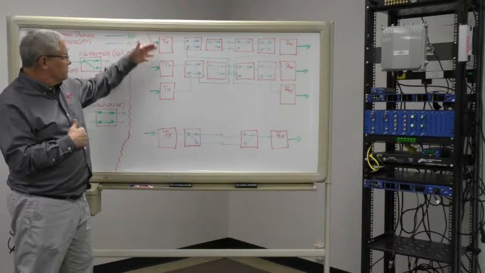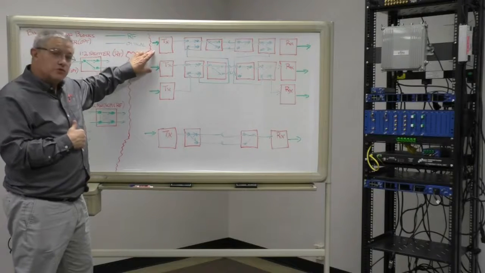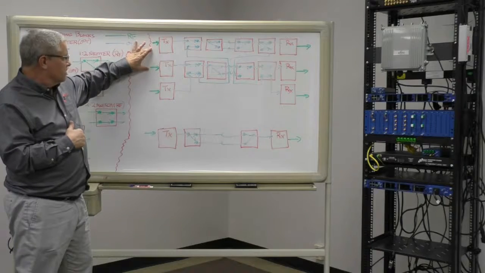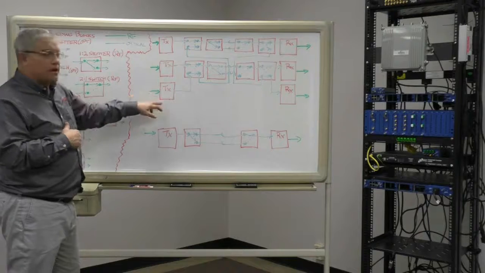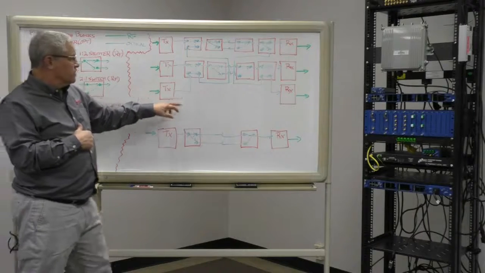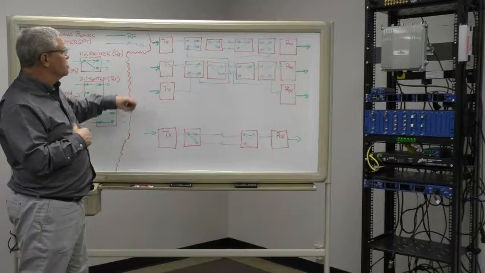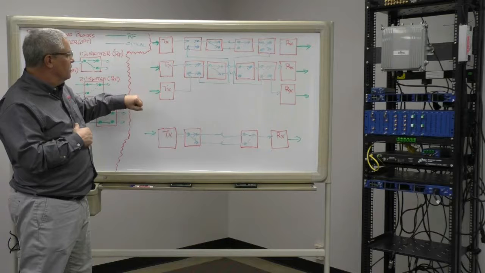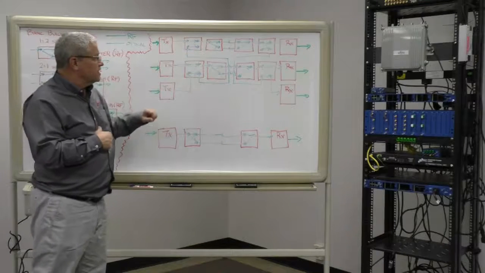The case shown here is a simple case of N+1 redundancy where N is 2. So essentially I have 2 fiber optic links, transmitter to fiber optic receiver, and then 1 spare transmitter and 1 spare receiver. In this case, either one of these transmitters can fail and my 1 spare transmitter can kick in and take its place.